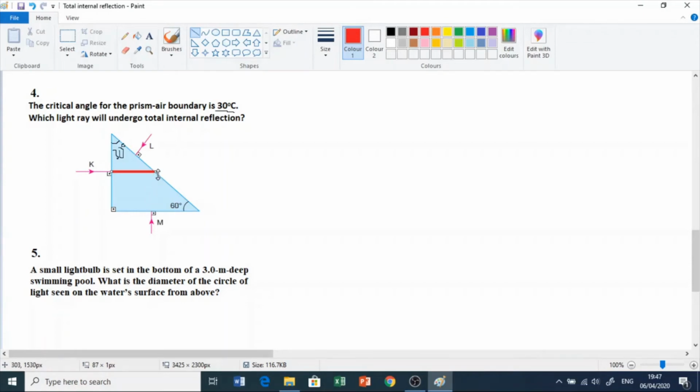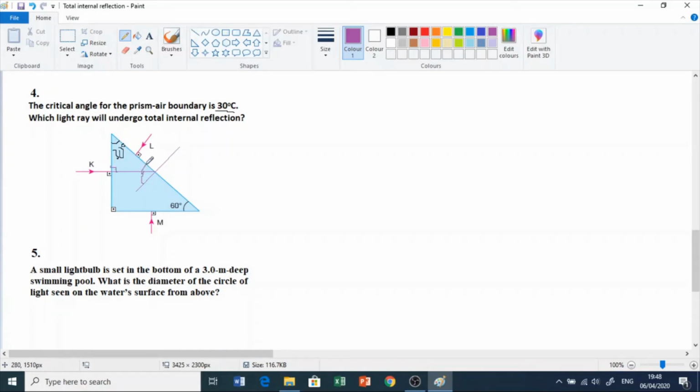Let's look at the angle of incidence. First, let's draw a normal. So this is the normal. It is a line perpendicular to the surface. Now let's look at the angle of incidence. I mean this angle. Here is 30 degrees. This is 90 degrees.